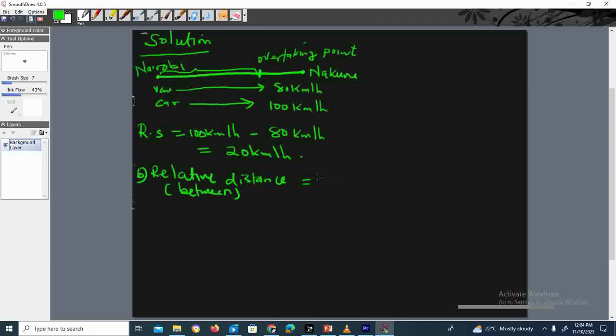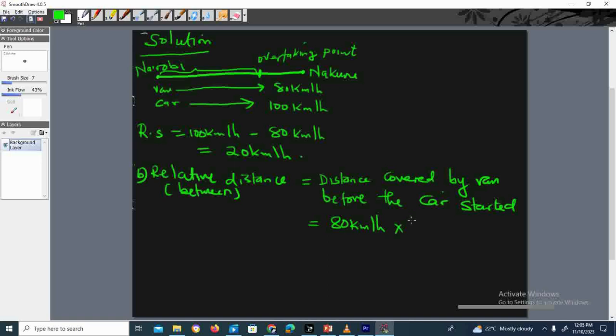So relative distance is the distance covered by the van before the car started. This is given by the speed of the van, which is 80 kilometers per hour, multiplied by the time, which is half an hour. And this means it had covered 40 kilometers within that half an hour it was moving when the car had not yet started moving.